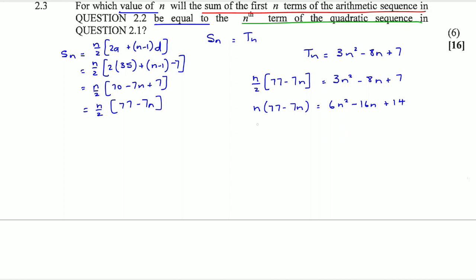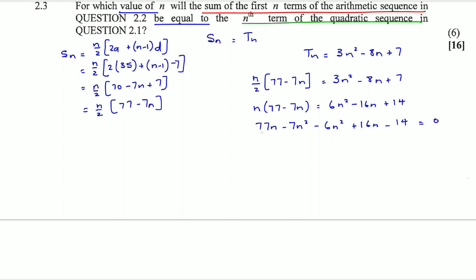On the left-hand side, we'll have 77 times n minus 7n squared, and we can bring the terms from the right-hand side to the left-hand side, which gives us minus 6n squared plus 16n minus 14 is equal to 0.